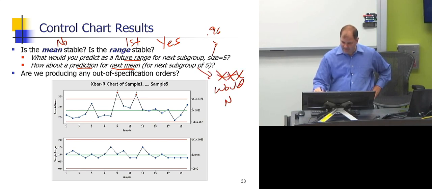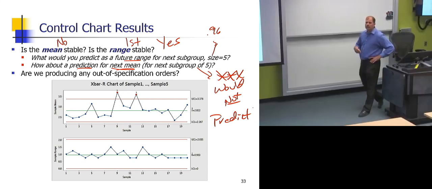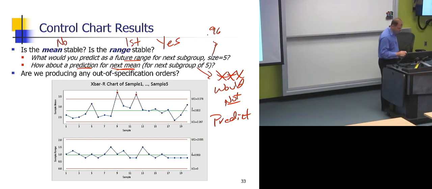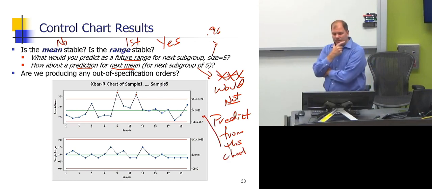I would not predict, unless I was able to figure out what those special causes were for and remove them from the data. But as a chart from here, I would not predict based on this chart. Are we okay? All right.